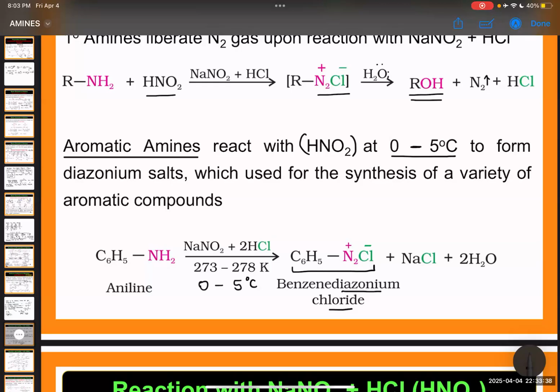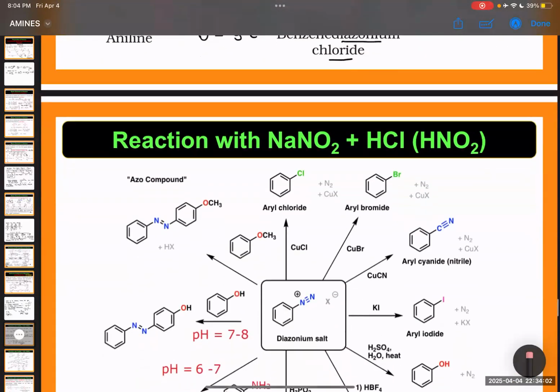Now what's the significance? Why do we want to hold the reaction at diazonium? The reason is we can stop the reaction, and we can put the group of our need or desire in place of N2 upon heating. Okay, clear?